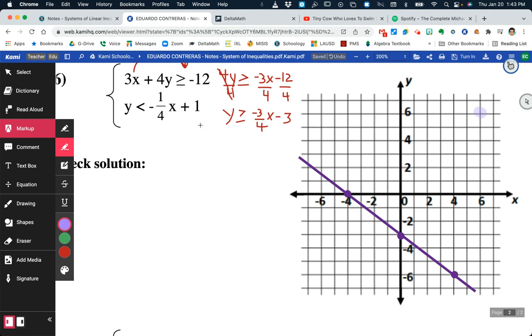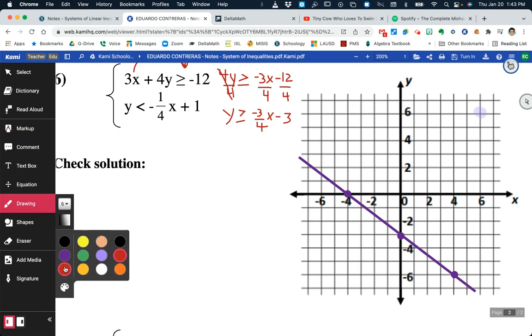Okay, ready to make my new line. Y less than negative 1/4 x plus 1. Okay, this time I'll use red. And I want 1. And then I'm going to go down 1, to the right 4.